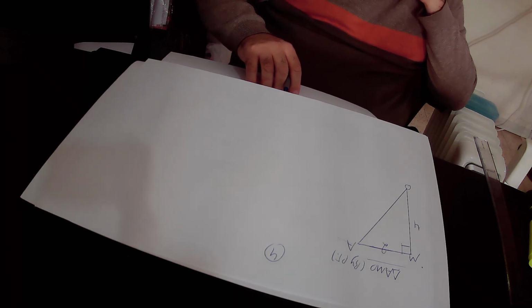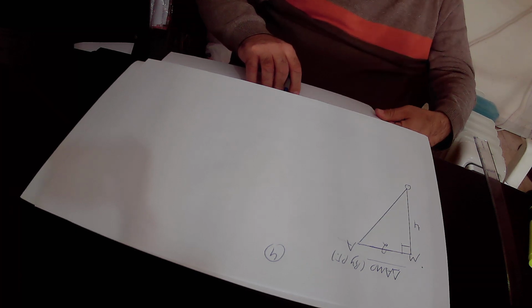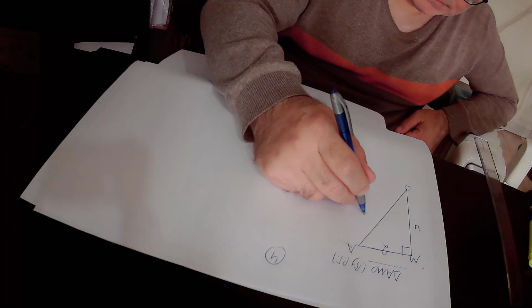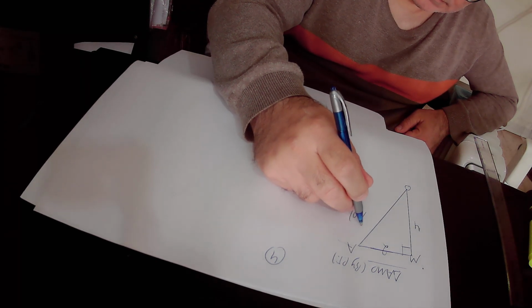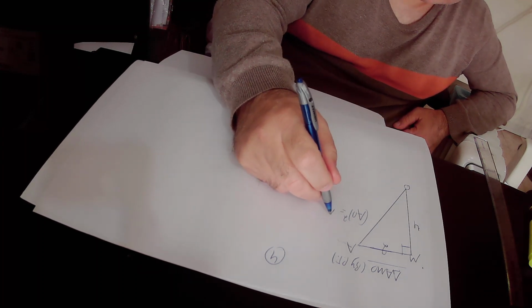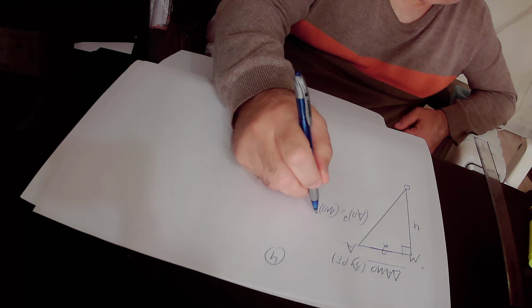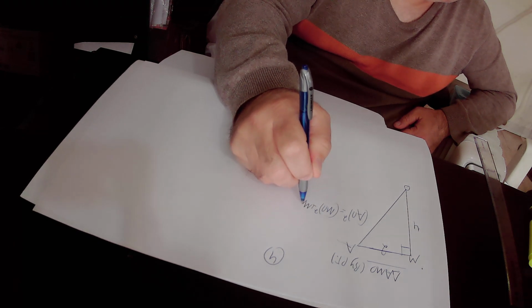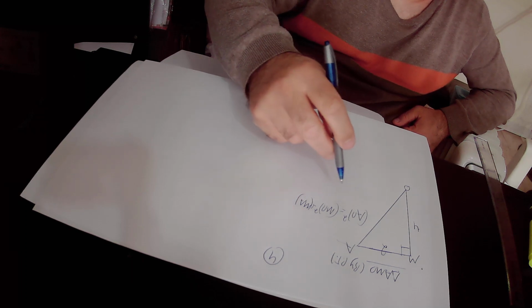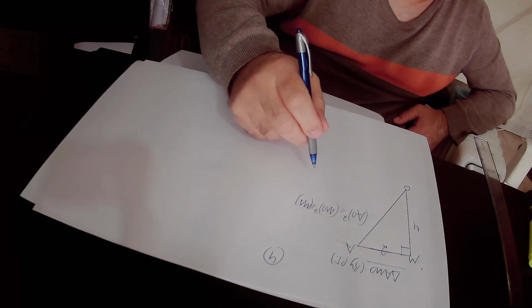By the Pythagoras theorem, we get that AO squared equals MO squared plus MA squared. Again, in the right triangle, AO square equals MO square plus MA square.